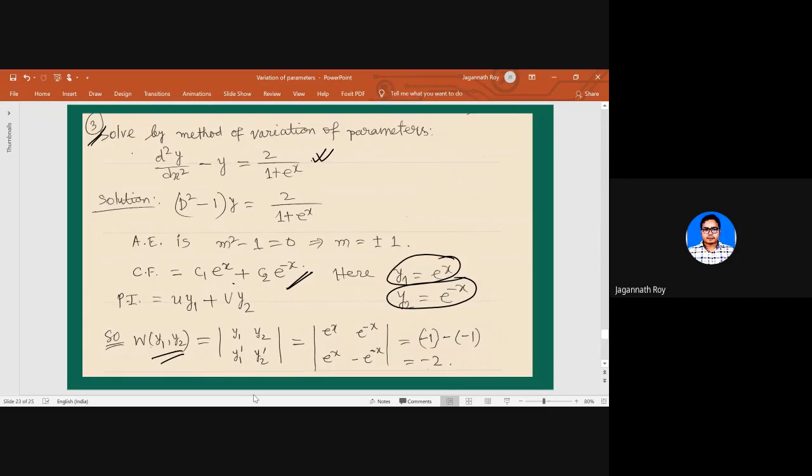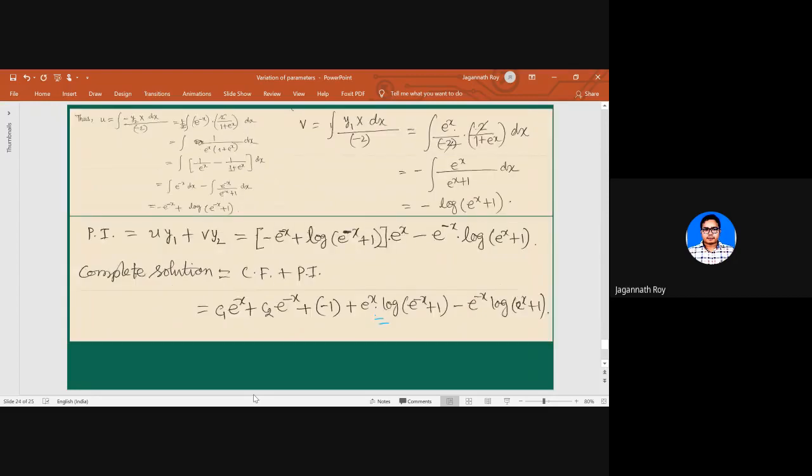The particular integral will be defined this way, where we need to calculate u and v. We have calculated u and v in this way. After finding this, we write it. So the complete solution will be CF plus PI. This would be our final answer.